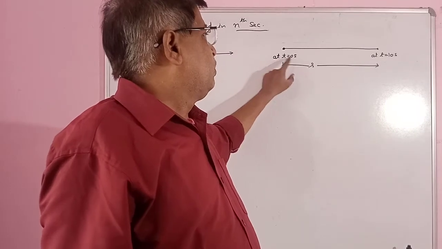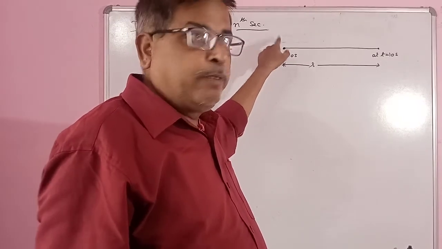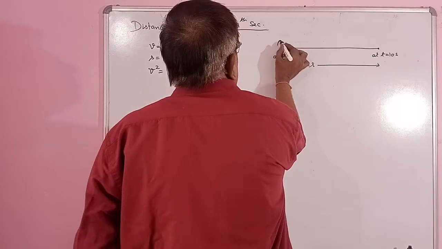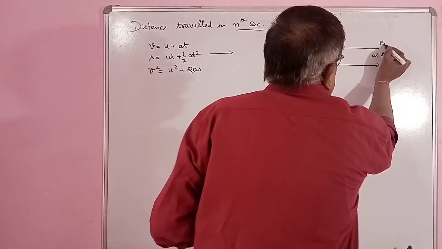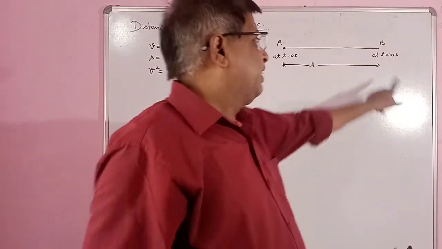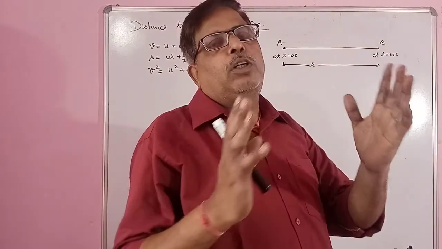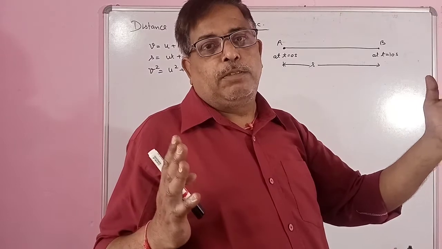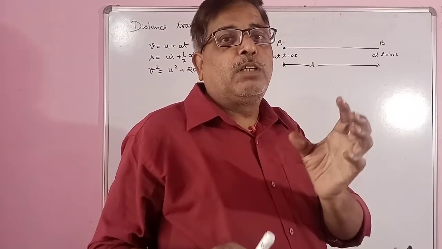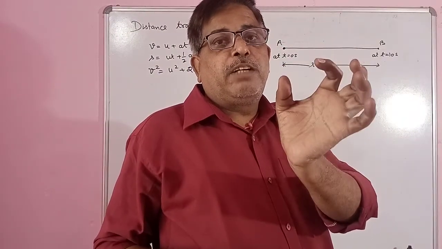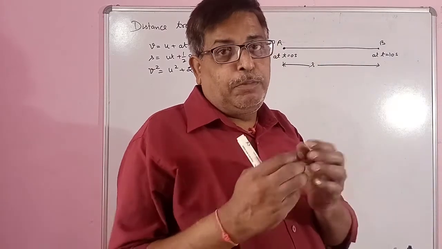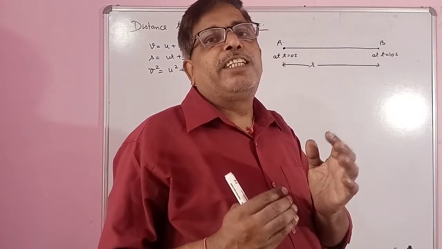At t equal to 0, it is initially at point A, and at t equal to 10 seconds, it is at point B. So I am not talking about total distance covered. I am just talking about distance traveled in a particular second, means distance traveled in the 10th second.